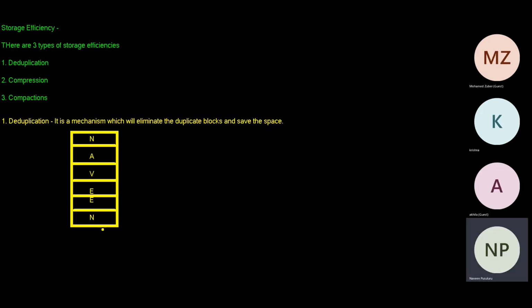Here, I have N two times. That means one is a duplicate block, right? And I have E two times, which is also a duplicate block, unnecessarily consuming and wasting space. Actually, this is my actual data.